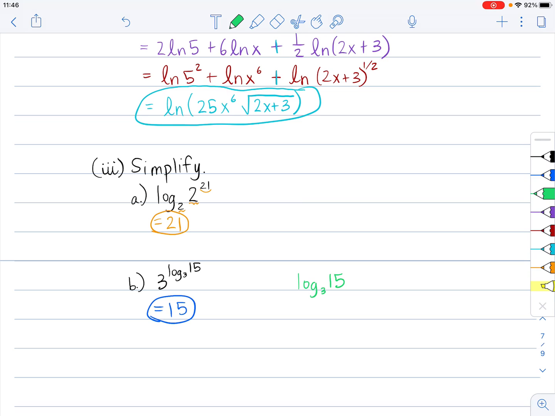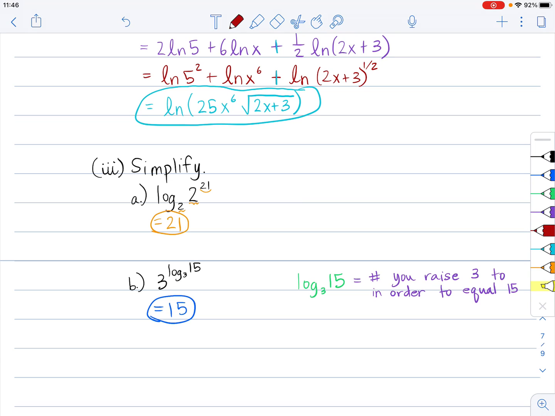It's just not a nice number, or it equals approximately 15 because we would have to approximate it. But log base 3 of 15 equals the number you raise 3 to in order to equal 15.